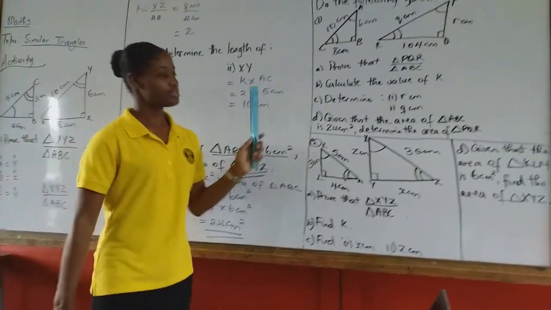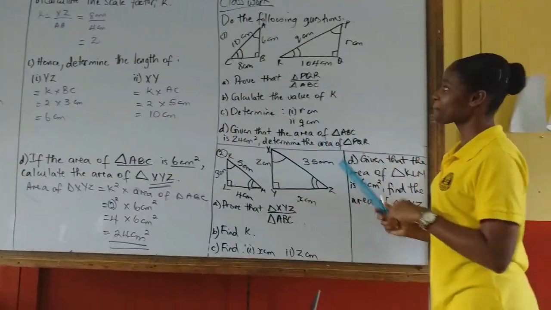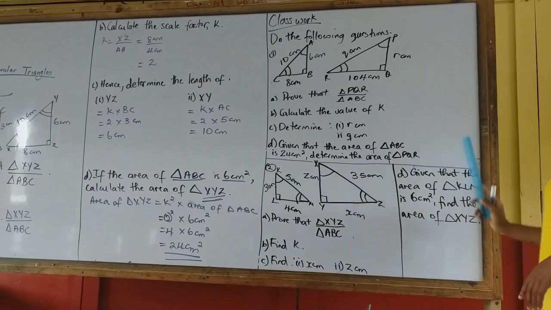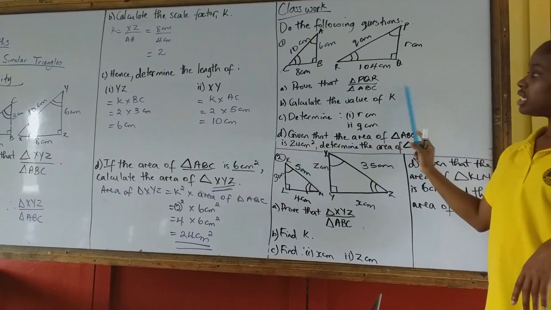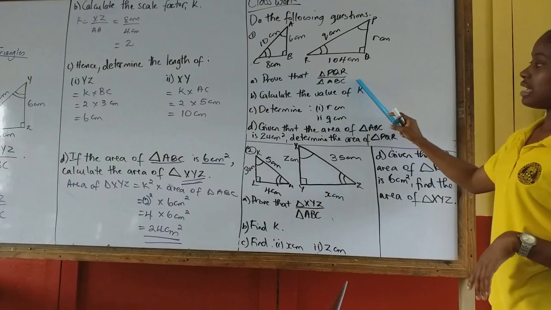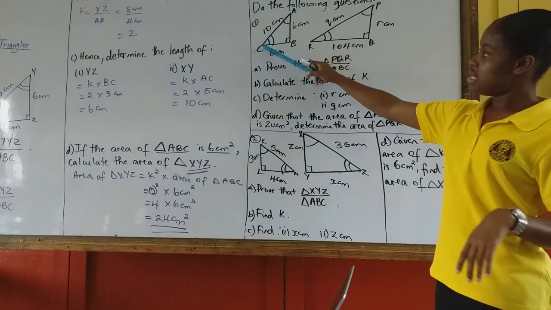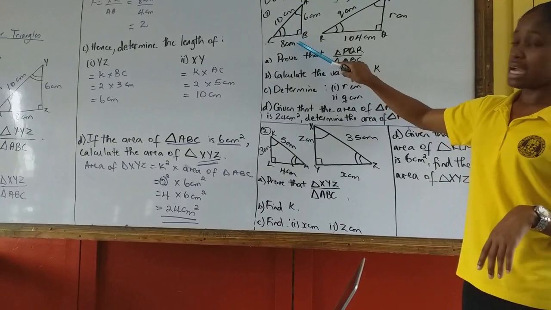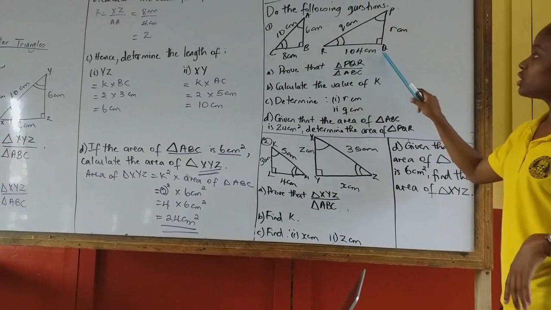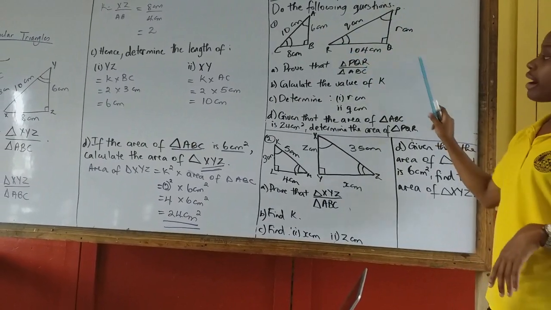Now, to our right, you're given 2 questions. Please look at them carefully. For the first one, it says prove that triangle PQR is similar to triangle ABC. You're given the length of all 3 sides of triangle ABC, but you're only given the length of RQ of triangle PQR.